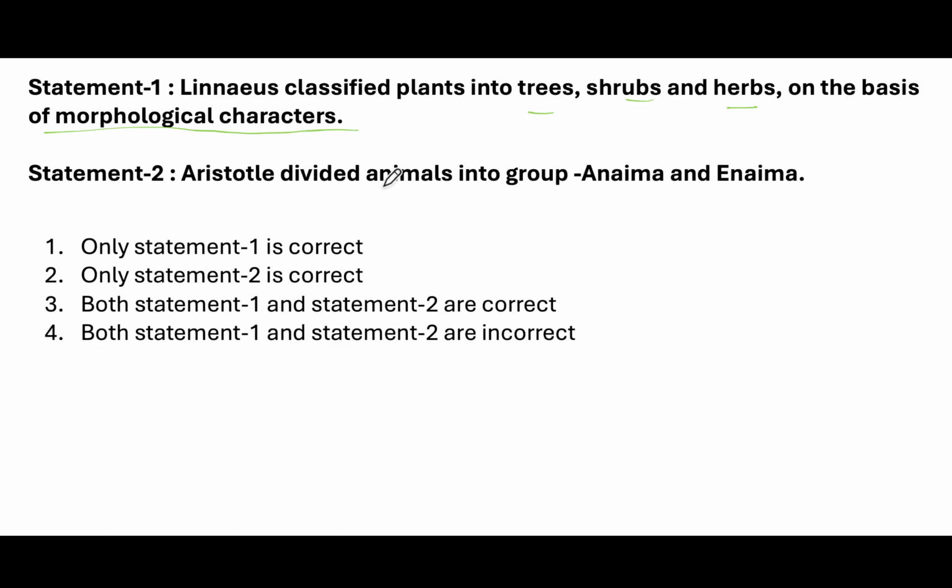Second, Aristotle divided animals into groups. Yes, these are two words which you need to write the answer about. What is anemia? What is anemia? But this is correct when we talk about Aristotle's classification system. So you need to tell me the answer to this question in the comment box.